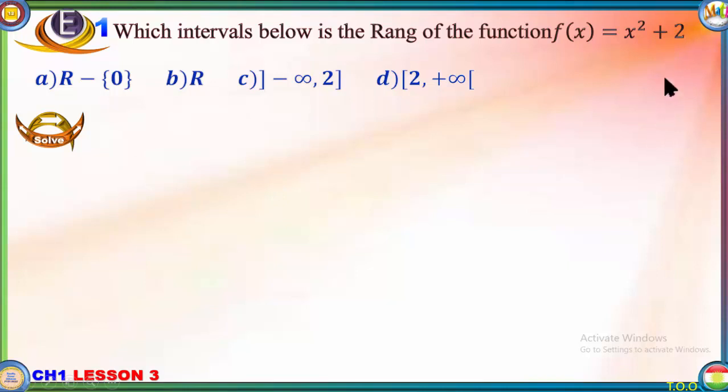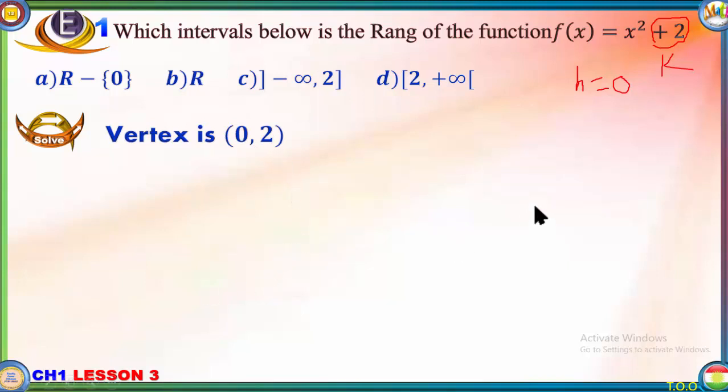Here, because we don't have an x with power 1, h is equal to 0. And this number, the constant term, is k. Therefore, the vertex is (0, 2).